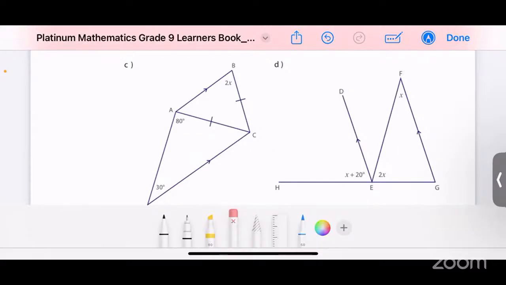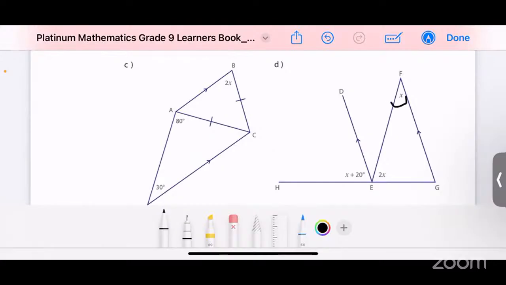Wow. D is simple, baby girl. The first thing, I loved it when I was even doing it. When I turn my phone upside down, do you also see it that way? These are alternate angles.